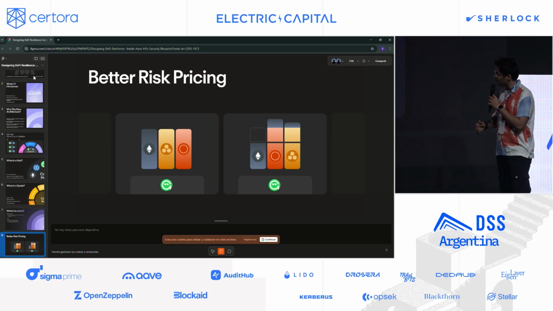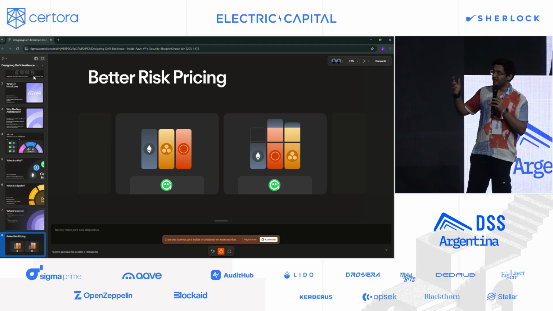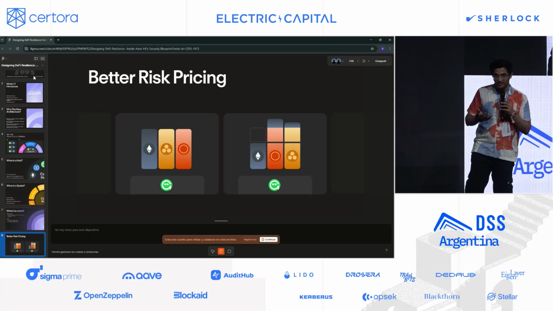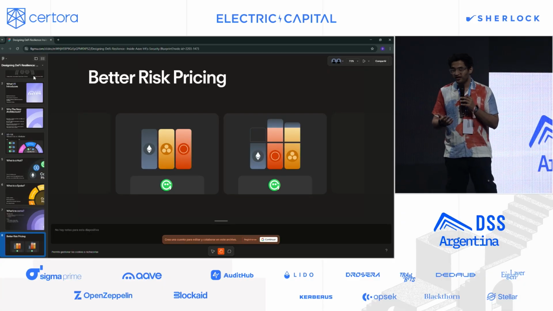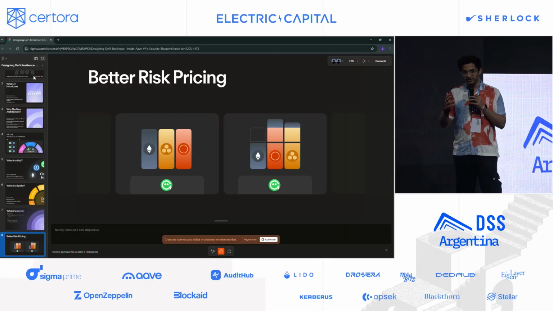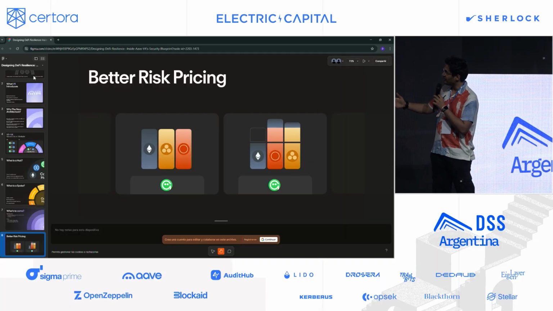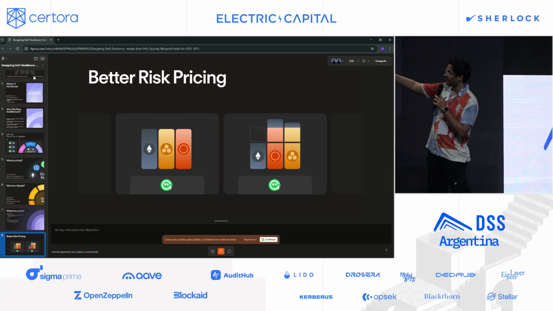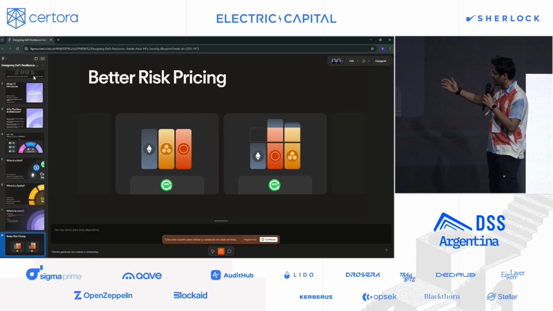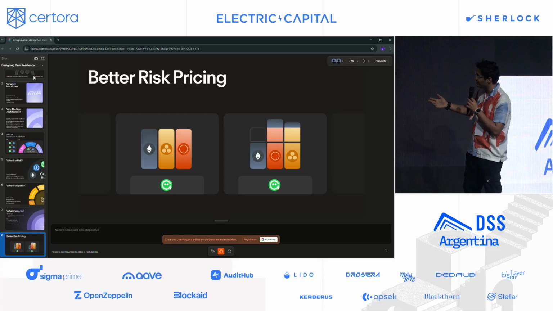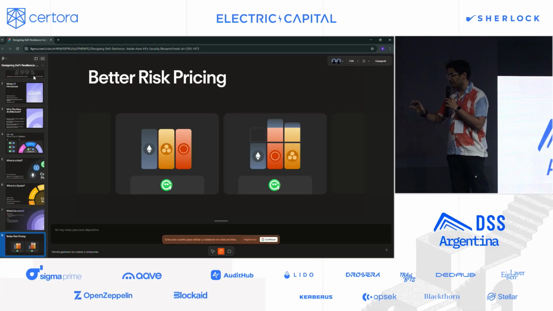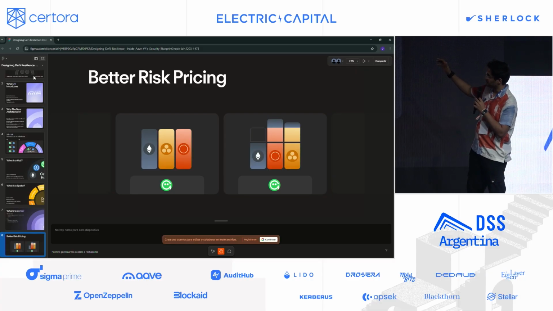So in Aave V4, what we introduce is risk premiums. It's a new feature where borrowers who back their loans with riskier collateral pay a higher rate, a higher premium. What this enables us to do is lower the base rate from before, and if you have some exotic collateral which has more risk or more implied volatility, risk managers can define a particular risk for it, and you pay an additional premium.